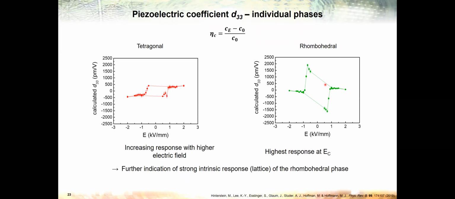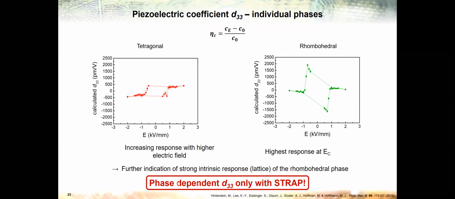But when we look at the rhombohedral phase, we see an extreme maximum around the coercive field of around 2000. So this means the rhombohedral phase seems to play a really big role in the high properties of the material. And phase-dependent d33 information is only possible with this type of investigation.